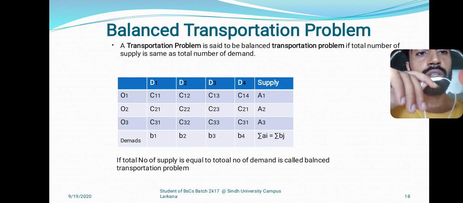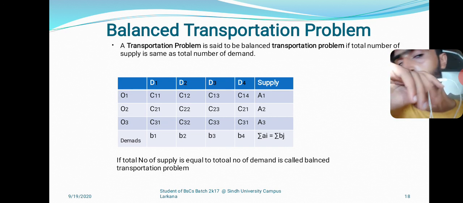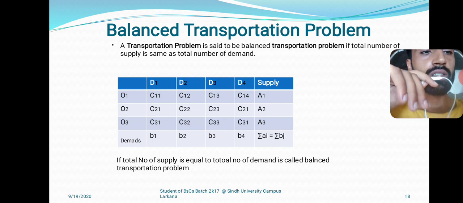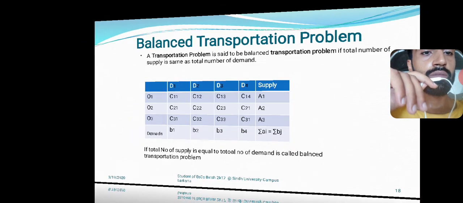Demands B1, B2, B3, B4. Sum of Ai is equal to sum of Bj. If the total supply is equal to the total demand, it is called a balanced transportation problem.